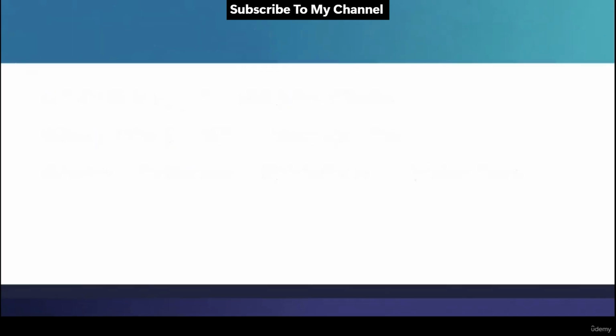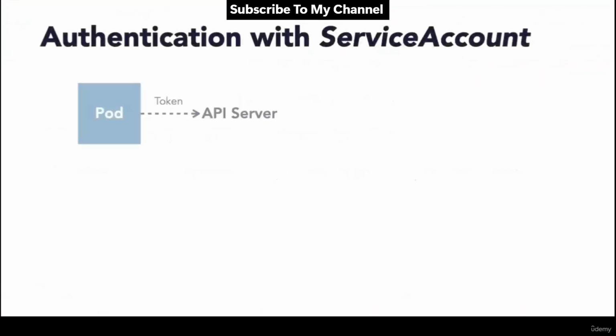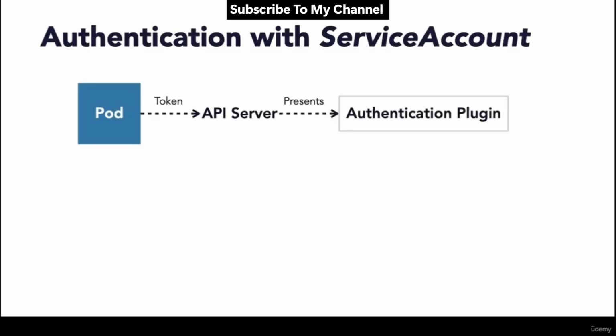Let's see how. A pod sends a request to the API server with an authentication token. That token uniquely identifies that pod. Upon receiving the request, the API server in turn does two things. With the help of authentication plugin, it authenticates the service account, and next, using the authorization plugin, checks whether the requested operation is permitted for that service account.